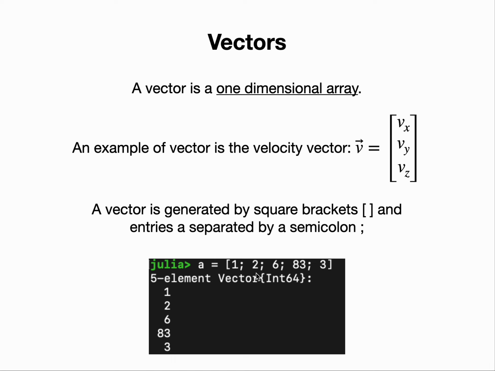Then Julia will return that you have created a 5 element vector, 1, 2, 3, 4, 5. It will automatically identify the type, Int64. None of these numbers have decimals, so they are all integer numbers. So you just defined a vector.